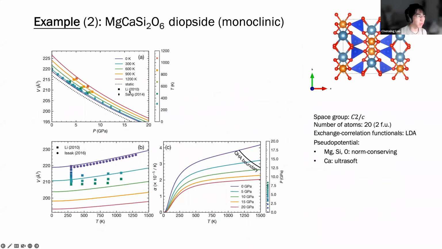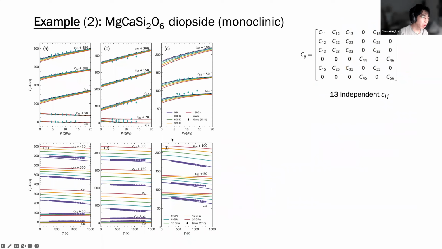The next example is diopside, which belongs to the monoclinic system. As you can see, there are more examples here. It has more independent elastic coefficient terms, and we have more measurements.